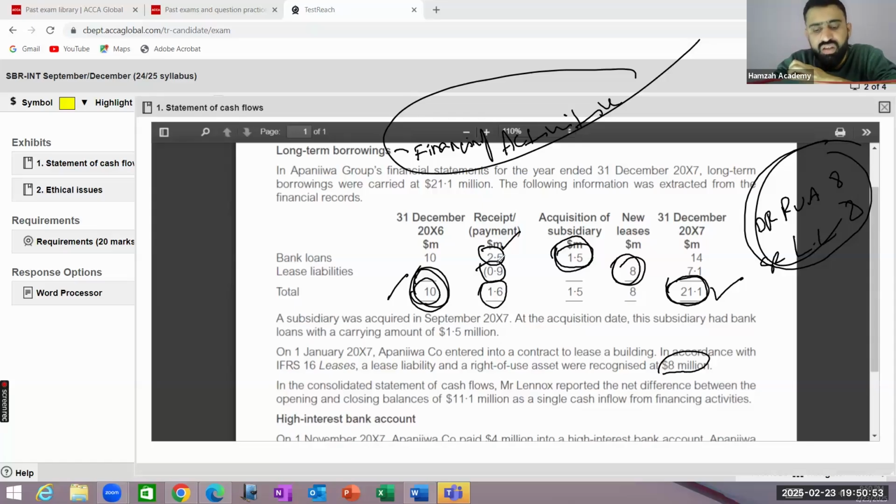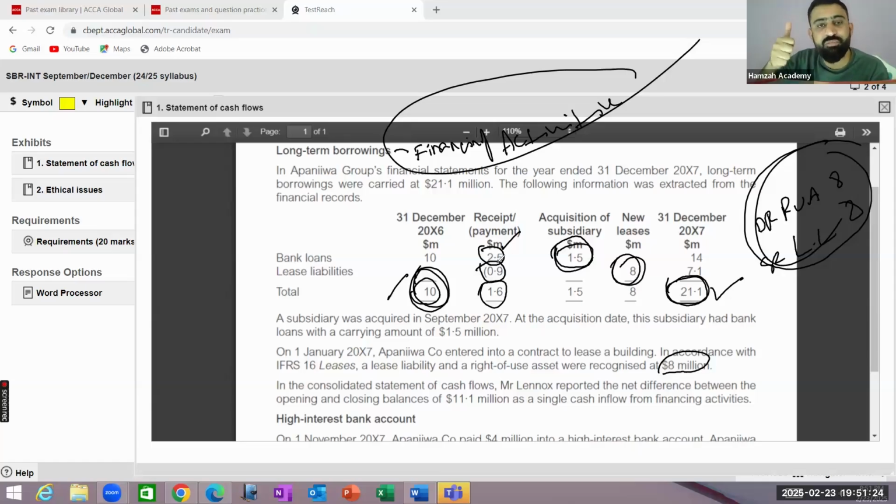Now, dear student, what I told you: you need knowledge and you need the skill to apply that knowledge. If you have the knowledge of a cash flow statement, if you have studied the cash flow statement while preparing for your exam. And the interesting thing is, the cash flow statement is not only in SBR.